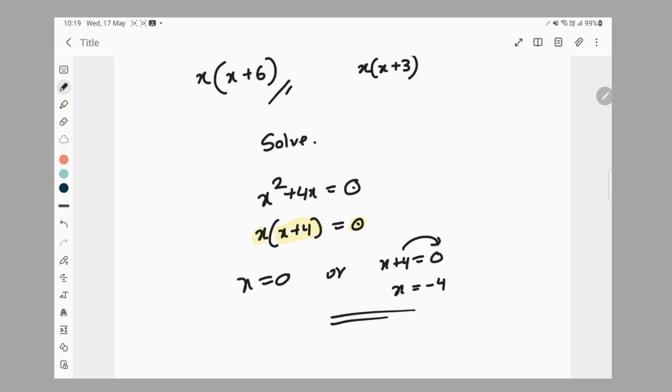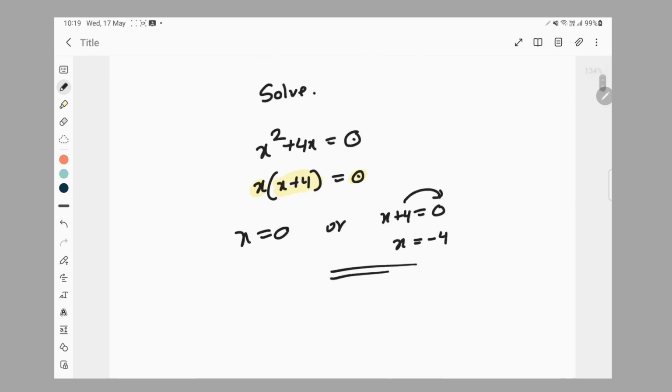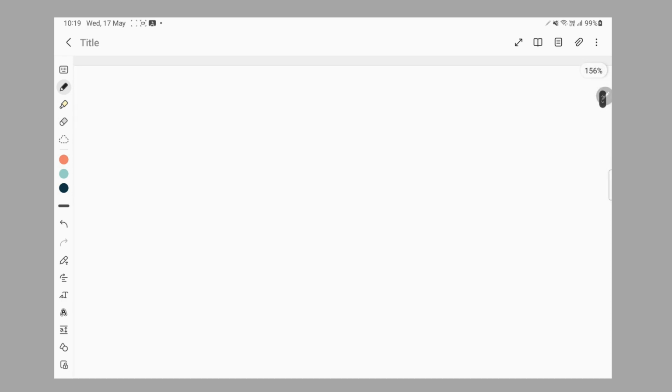Alright, that's the normal way of factorizing. So let's come into a quadratic factorization equation. Let's take x squared plus 9x plus 20. How do you factorize this? First we multiply this number with this, so you get 20x squared.